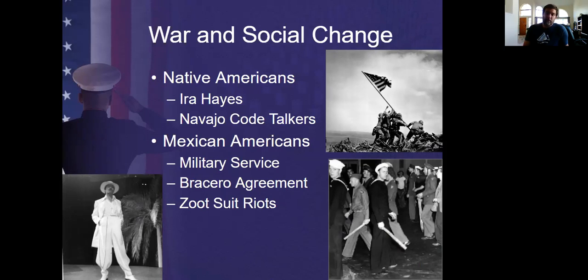The precipitating event for the Zoot Suit riots was some sailors who were on leave. They got drunk, and then decided to attack some Mexican American youths who were wearing these Zoot Suits. They ripped off their clothes, burned them, beat them, and the police did nothing. When the Mexican Americans retaliated, they were arrested. And then Los Angeles decided to solve the problem by prohibiting the wearing of Zoot Suits.